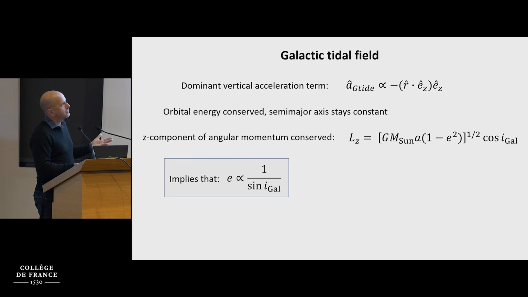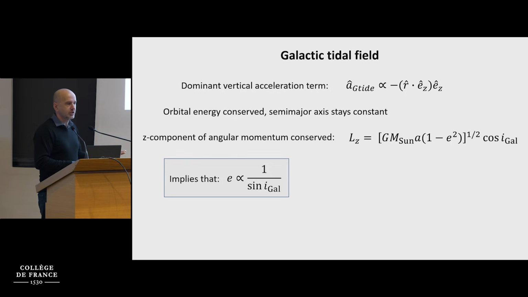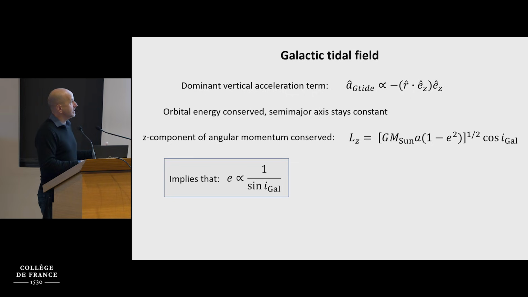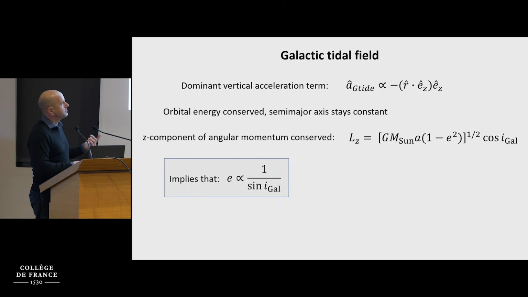This is constant, this is constant, this is constant. So if this is conserved, that means there will be a relationship between the eccentricity and inclination. The galactic potential will be capable of changing both the eccentricity and inclination, but it has to do it in a way that this quantity is conserved. And that brings a relationship between the eccentricity and inclination with respect to the galactic plane.